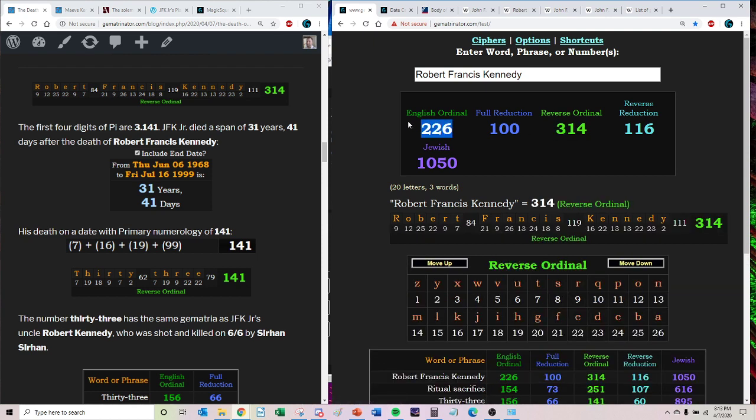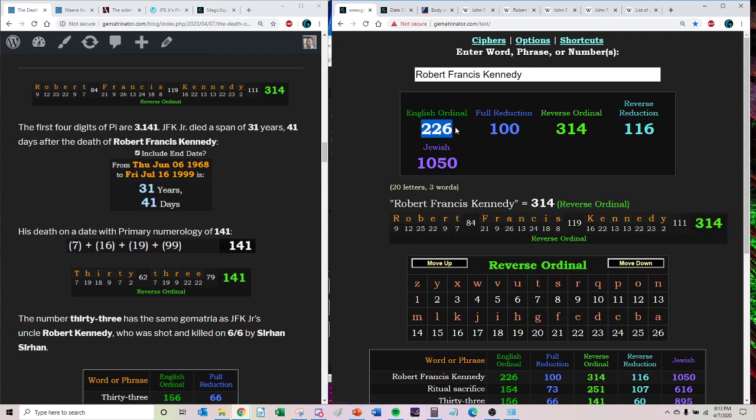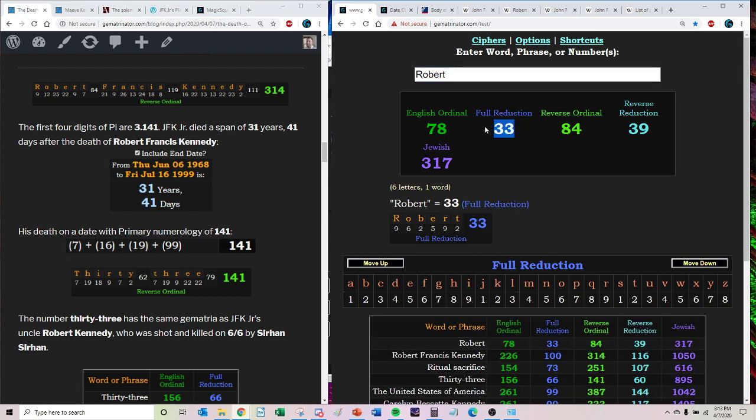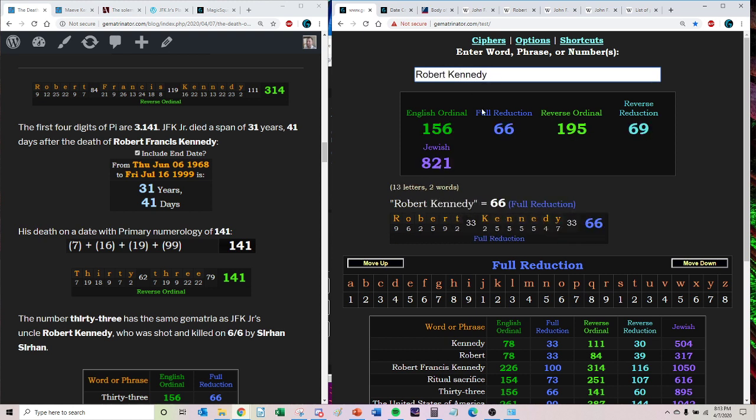I said this is the most significant cipher. 226 is a number that's significantly connected to 33. Consider how the name Robert equals 33. The name Kennedy equals 33. We'll talk about how he died on the date 6/6.